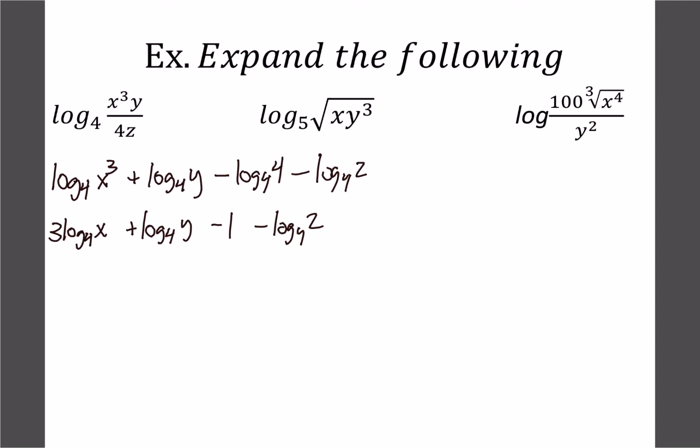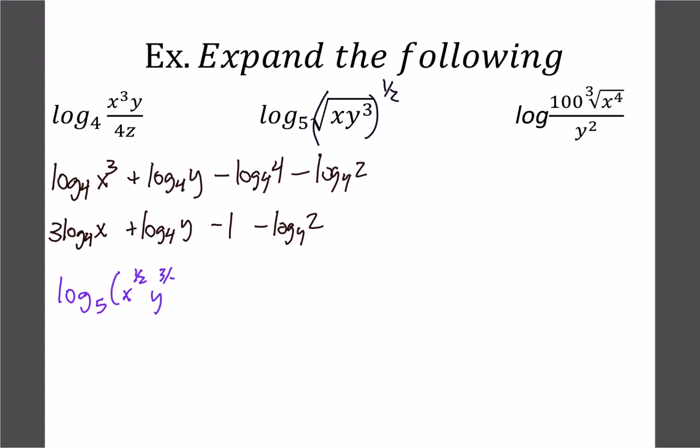Okay, let's try the next one, and I'll do it down below here. So log 5 of root. Remember, this root can be written as a half. That's an important thing we want to do, and let's distribute that half onto each item. So let's rewrite this as log base 5 of x to the 1/2, and then we have y cubed to the 1/2.